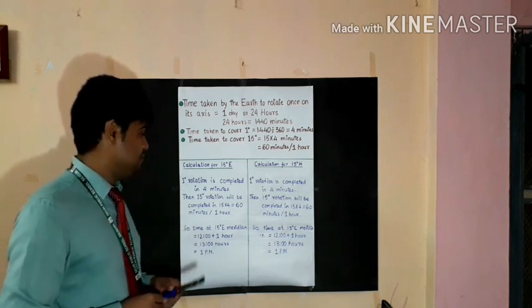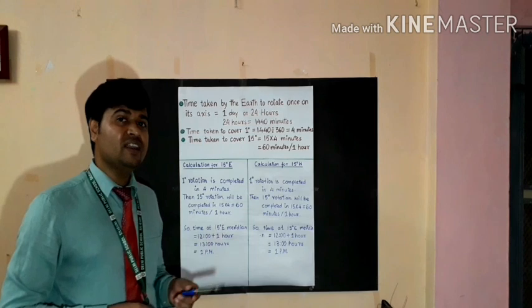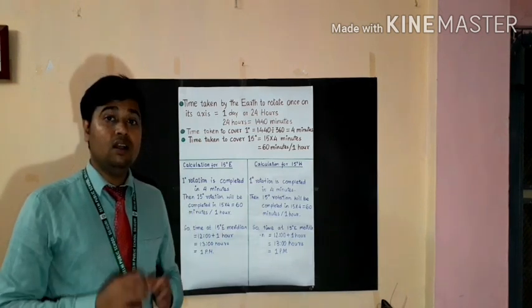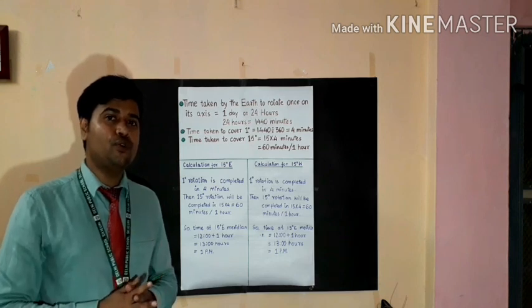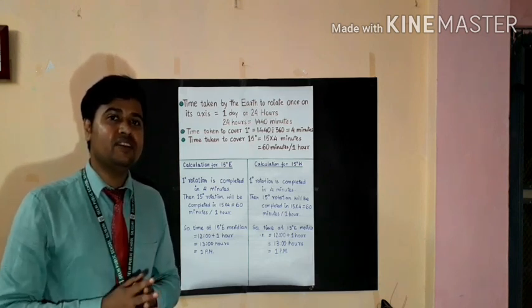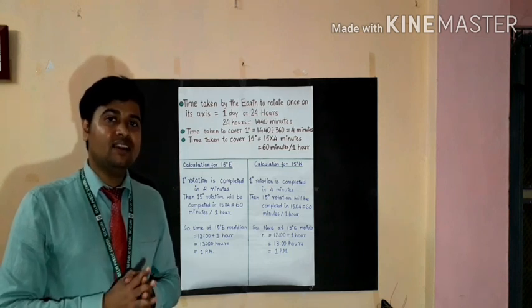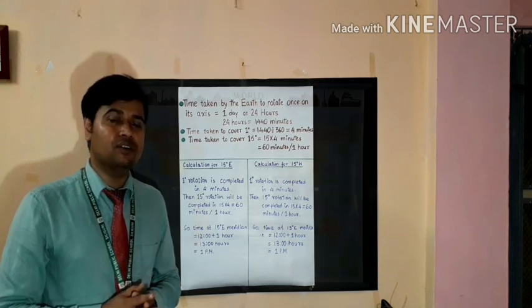So a 15-degree rotation will be completed in 1 hour. That's why we have 24 standard meridians at 15-degree intervals, and each meridian represents 1 hour.